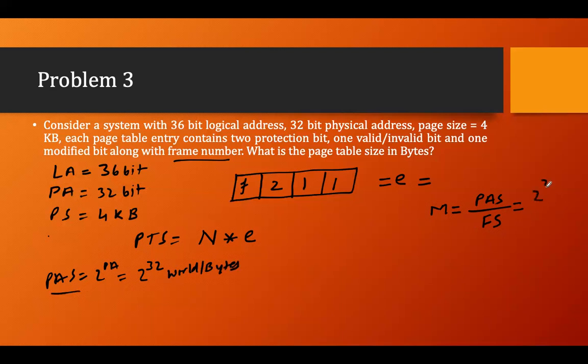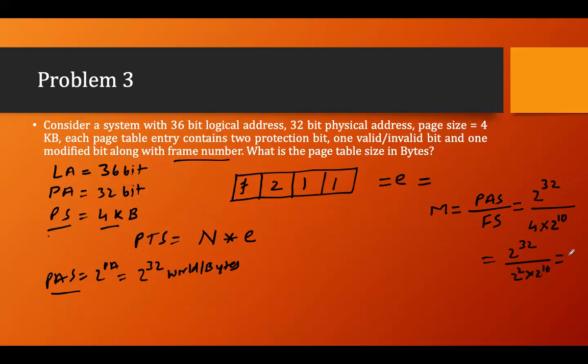Then we have the frame size, which is equal to the page size. The page size is 4 KB, which is 2 to the power of 2 into 2 to the power of 10, so 2 to the power of 12.